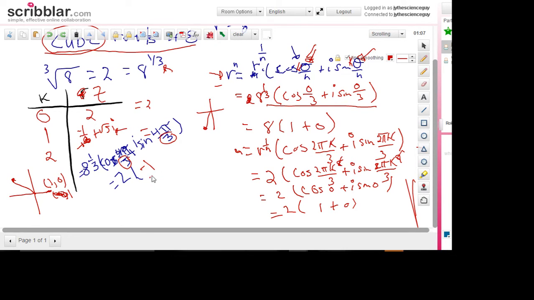And it's actually 1/2, and then it'd be minus the square root of 3 over 2, i. Okay? And now multiply the 2 through both of those.